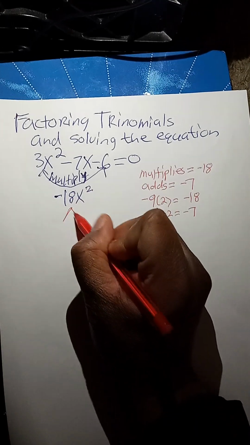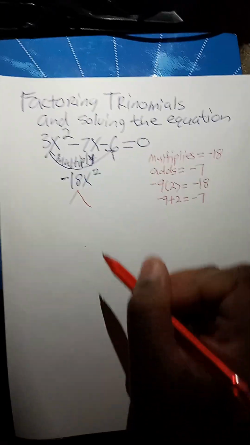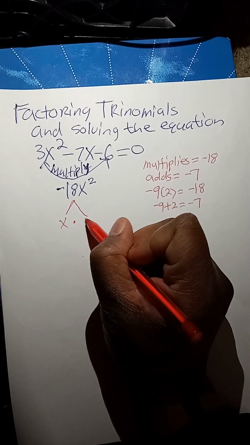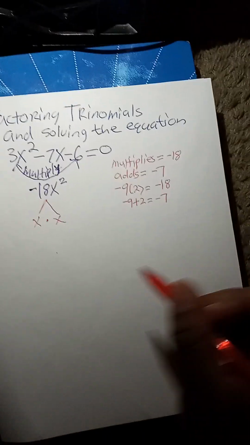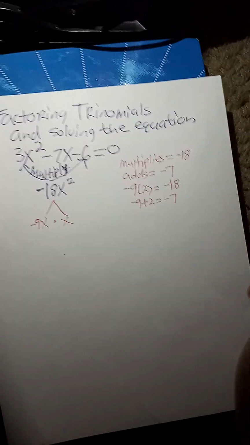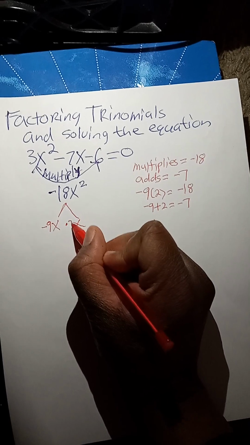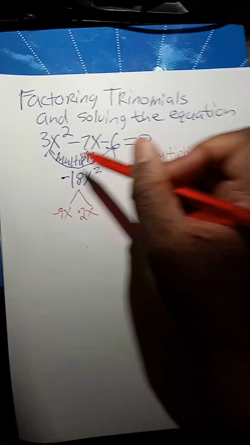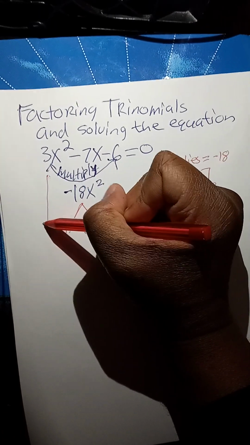So we know what our numbers are, and x squared factors to being x times x, and then negative 9 goes in front of the first one, and 2 goes in front of the second one. Then we bring down our first and third terms.